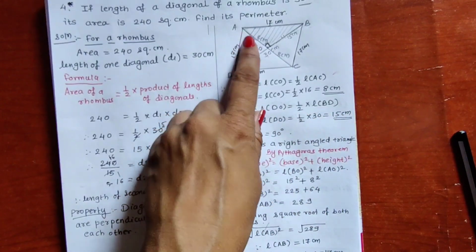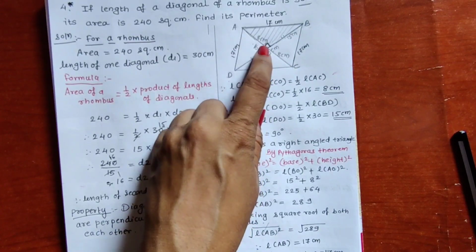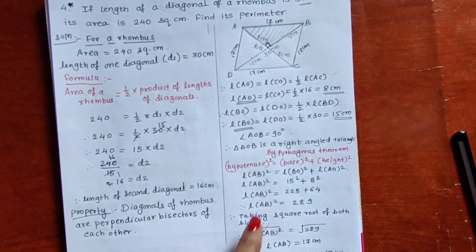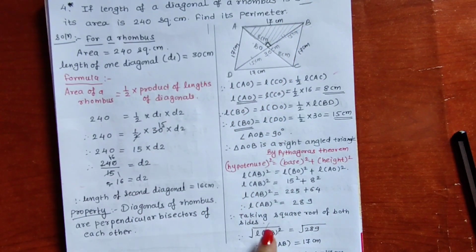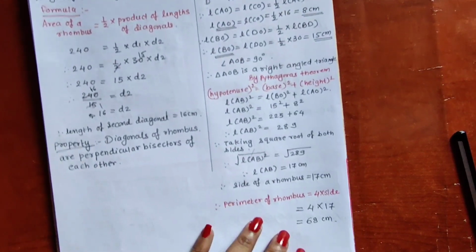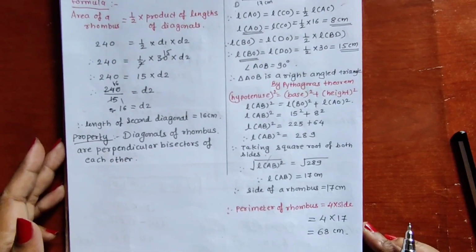Then we will be applying the second property, which is that the diagonals are perpendicular. Perpendicular means a 90 degree angle is formed. So in this way in AOB we have got a right angle triangle. We can apply Pythagoras theorem and we can get the value for the side. After getting the side value we can apply the perimeter of rhombus formula and get the answer.